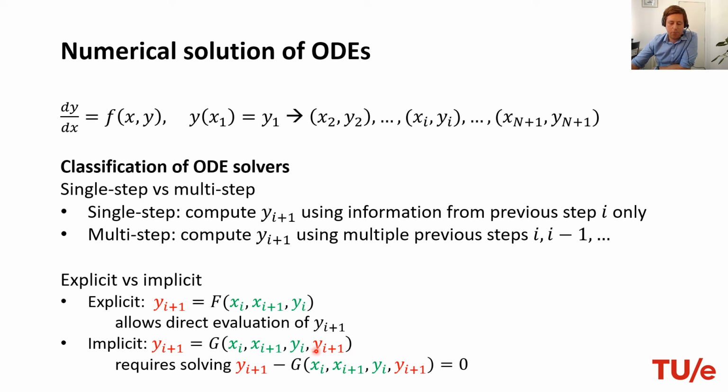So this will require us to solve this equation, which in practice is most of the time nonlinear, because if it were linear, you could recast it into this form. So this will require us to solve a nonlinear equation for this unknown value y subscript i plus 1. That will be implicit methods. And we will discuss the advantages and disadvantages of explicit versus implicit methods in the remainder of the lecture.